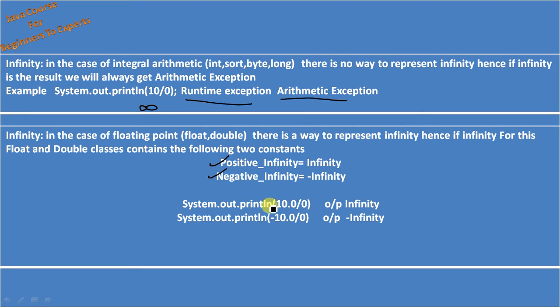So if you divide 10.0 by 0, you will not get arithmetic exception, or if you divide minus 10.0 by 0, you will not get arithmetic exception. Dividing 10.0 by 0, you will get positive infinity, and minus 10.0 divided by 0, you will get negative infinity. So in floating point, there is a way to define infinity result, which is positive infinity and negative infinity. Let me show you.